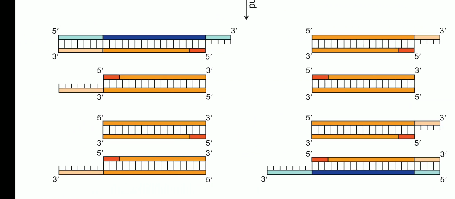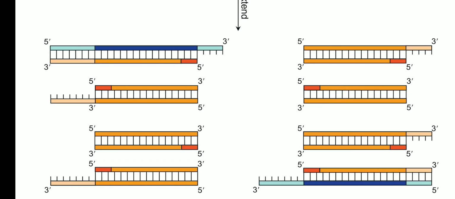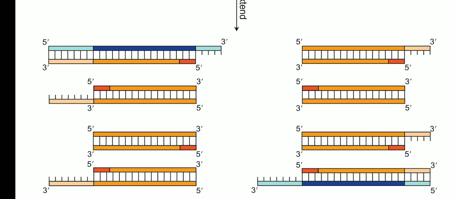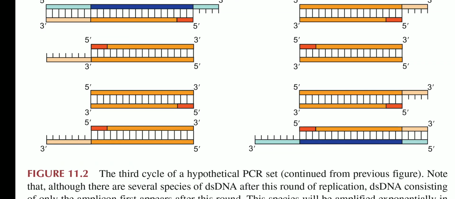These two are the desired length of our gene that we want to amplify, and those two will be amplified exponentially, but the others remaining are not amplified in that way.